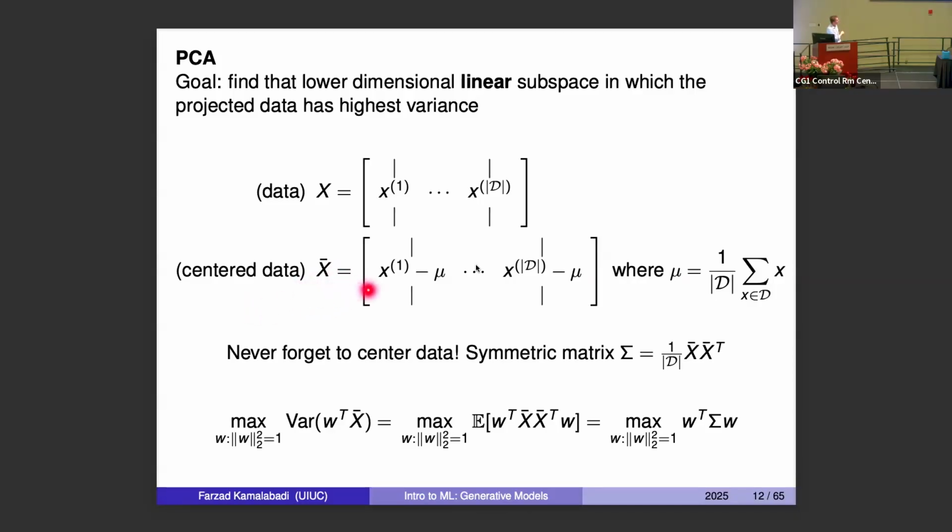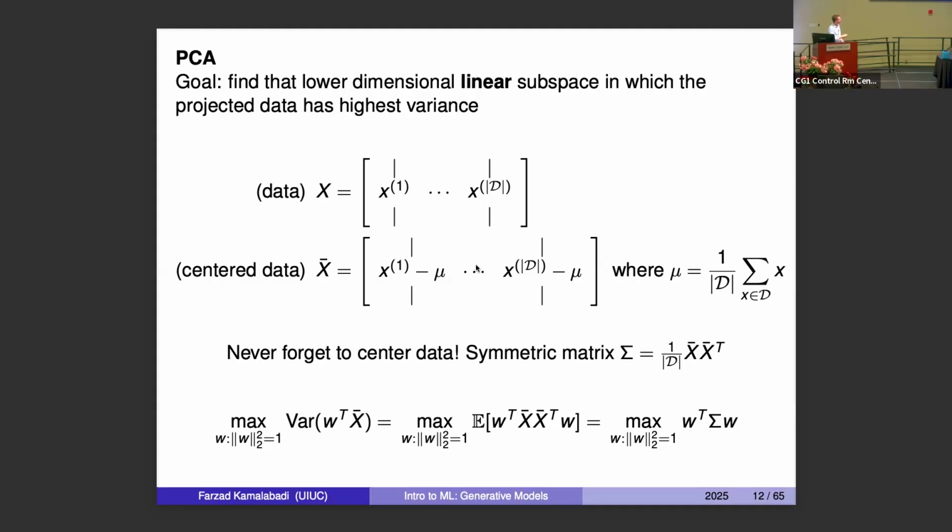By centering the data, I mean you subtract the mean, meaning that you take mu, which is 1 over the cardinality of the number of records you have, sum over all of the x, and then divide by that number. This is what we refer to as the sample mean, because it's not the mean of the true distribution, but the mean of whatever data we are given, okay?